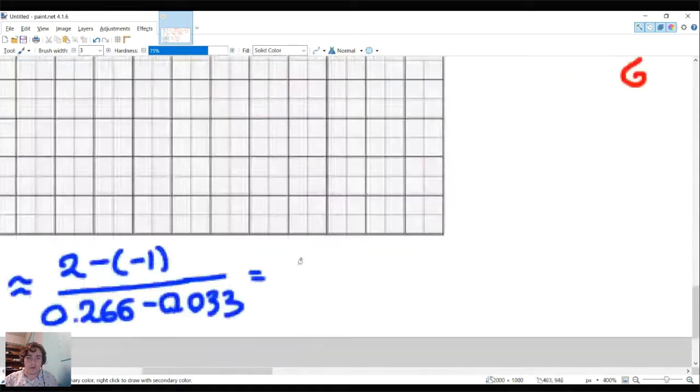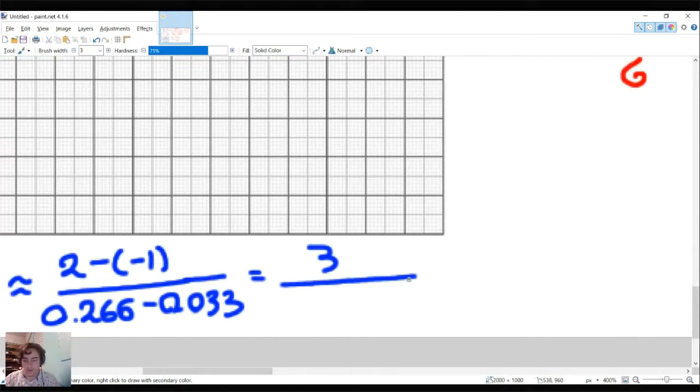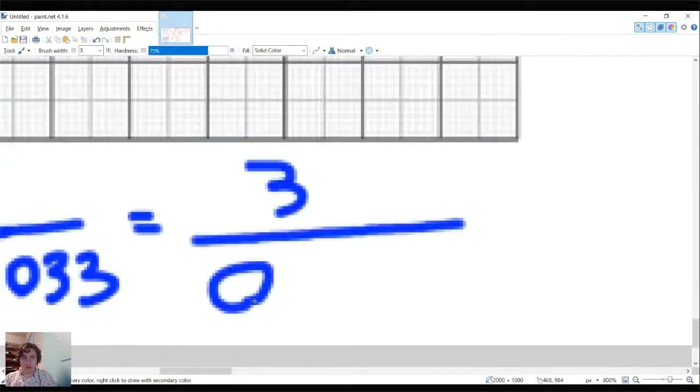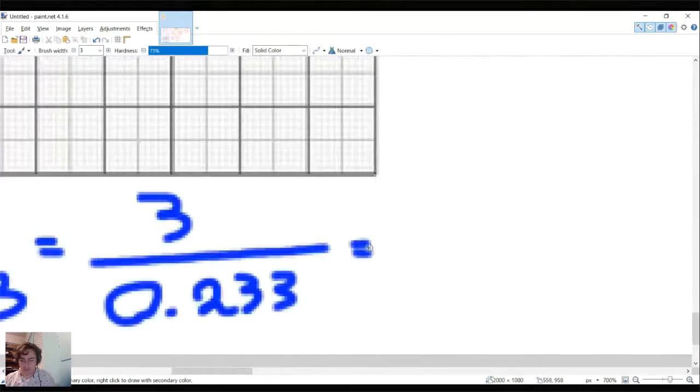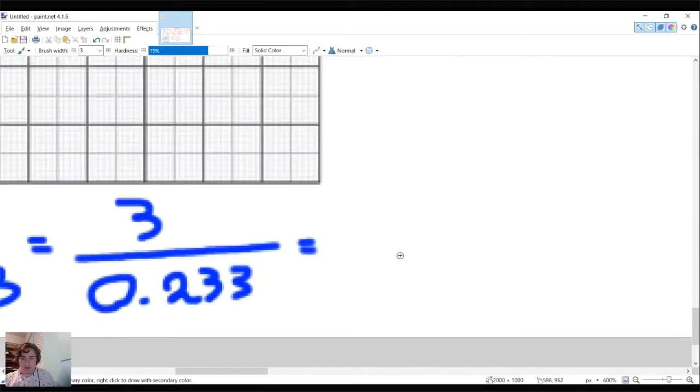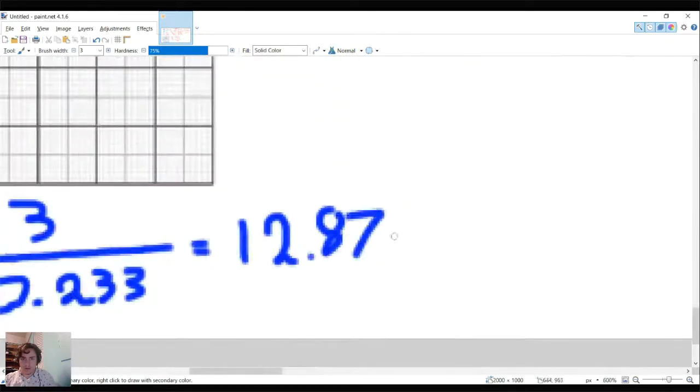So this is going to be 3 over, pull up my calculator. By calculator, I mean phone. 0.266 minus 0.033 is 0.233. I really should not have done that in my head. And we get that this is equal to 3 divided by 0.233, 12.876, around there.